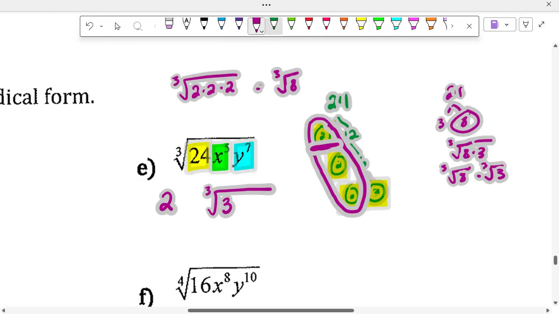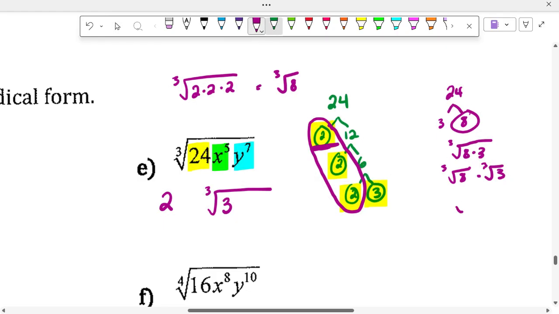All right. Now, x to the 5th. So, with x to the 5th, remember, since we're dealing with cubes, that means we're looking for multiples of 3. So what's the nearest multiple of 3 to x to the 5th? Too high. Has to go lower.